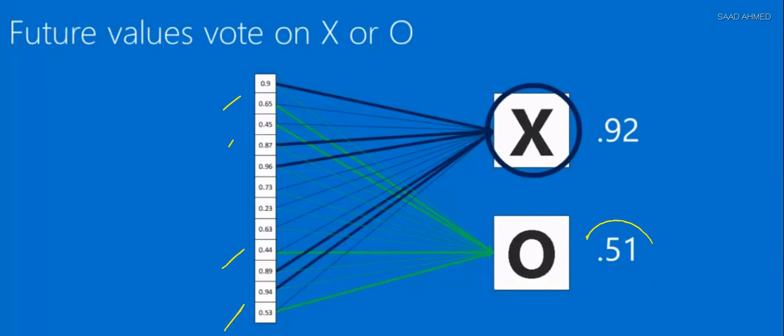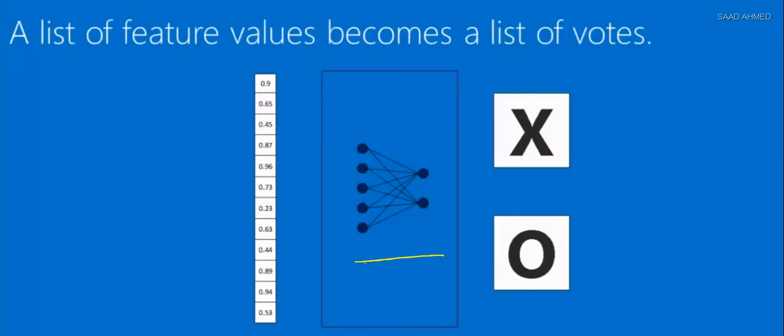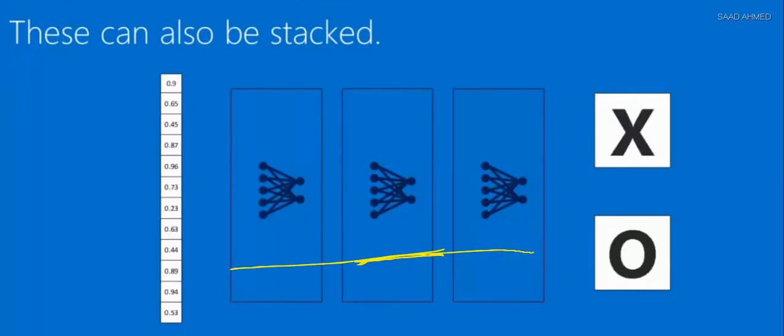You can see that this is a fully connected layer, and this process can be repeated to become a list of votes, and they can be stacked like this. You can have multiple fully connected layers to refine your classification process.